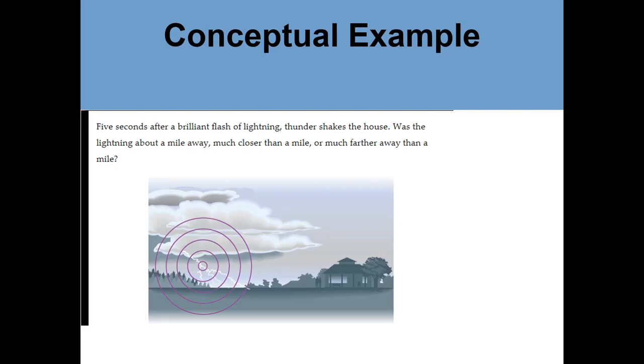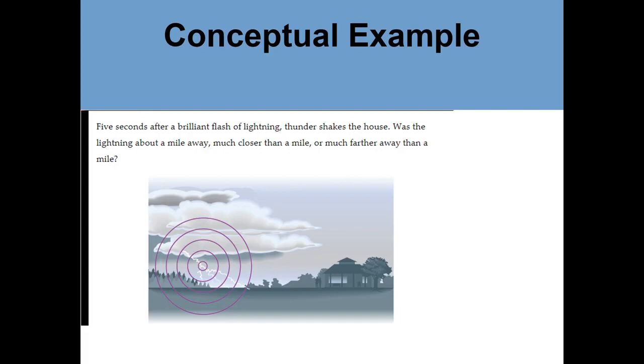The speed of light is 3 times 10 to the 8 meters per second. The speed of sound is about 343, so light is about 1,000,000 times quicker.